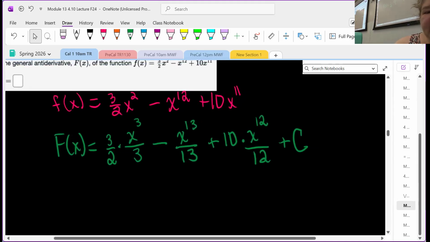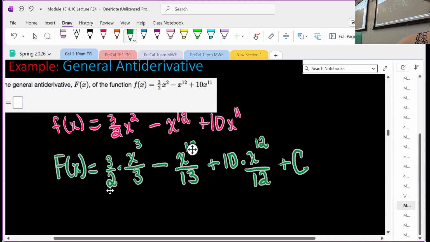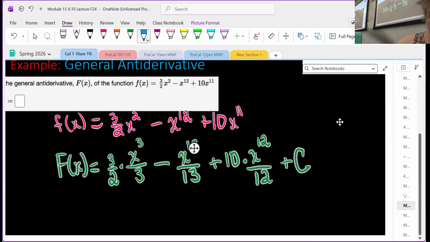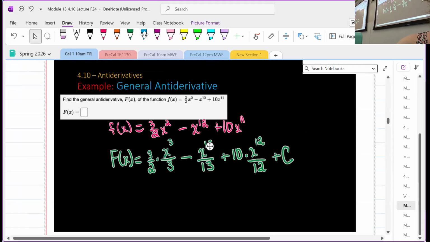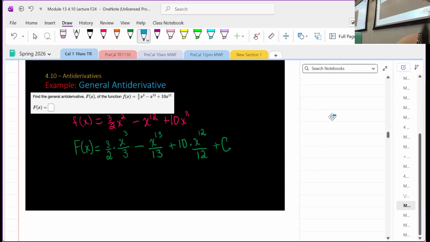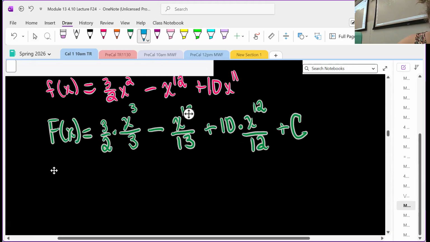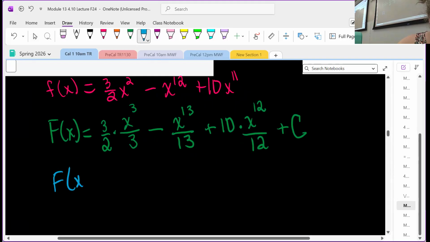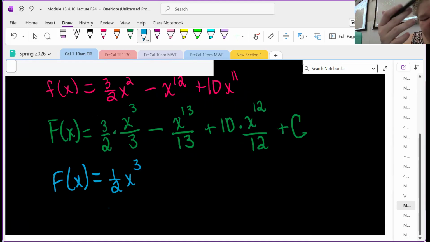Now we can clean this up just a little, just because there's a couple of spots where there's coefficients. So the 3 on top with the 3 on the bottom cancel out. So we have 1/2 x cubed, or we could write it x cubed over 2. Either's fine.